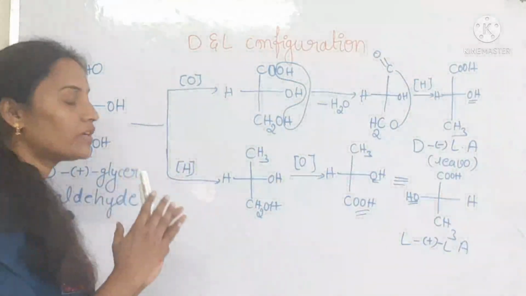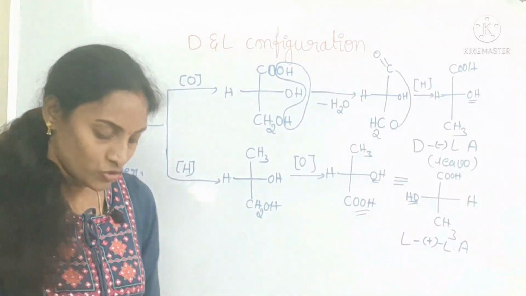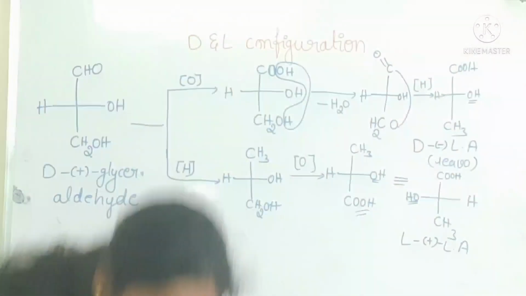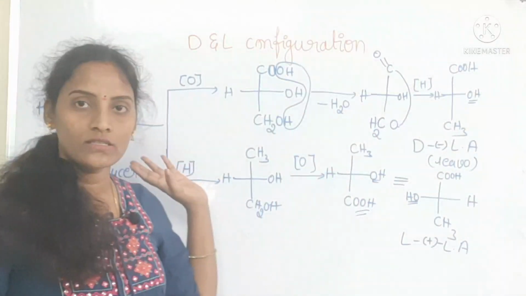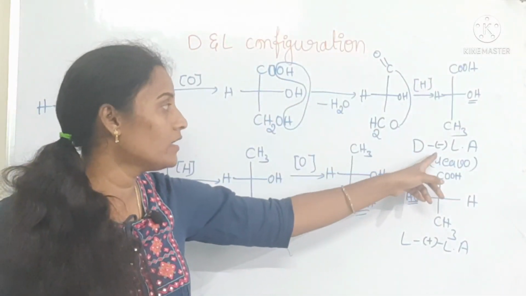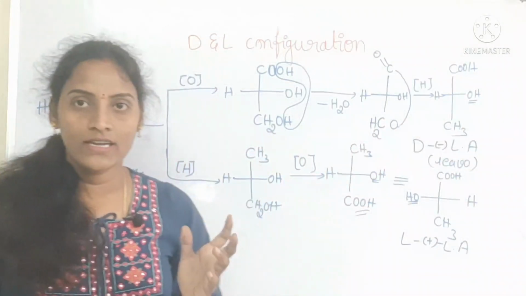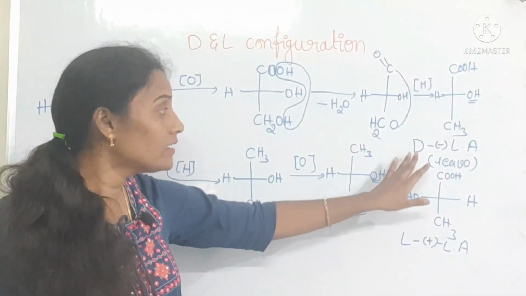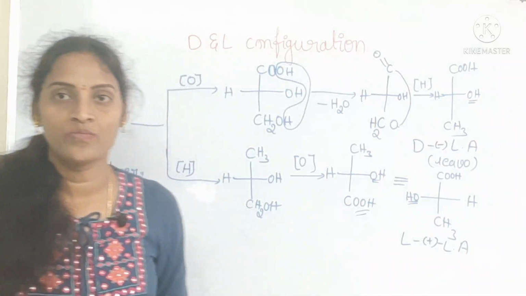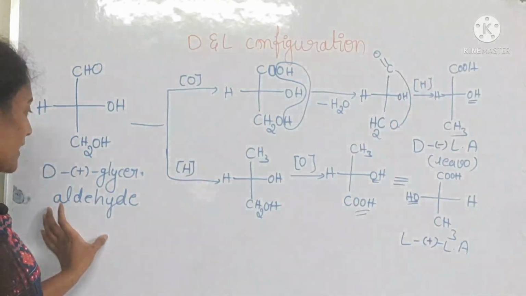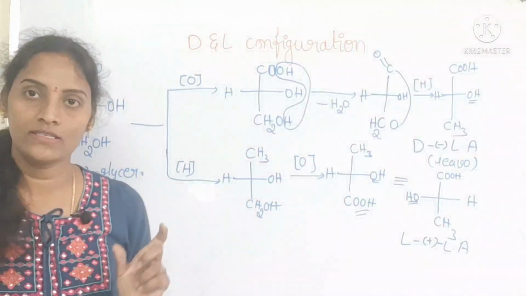After converting this D-glyceraldehyde into lactic acid, you will get one isomer, D minus lactic acid, and another, L plus lactic acid. But the starting one is D plus glyceraldehyde.